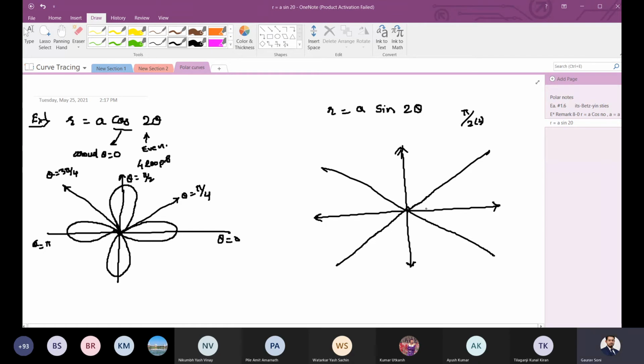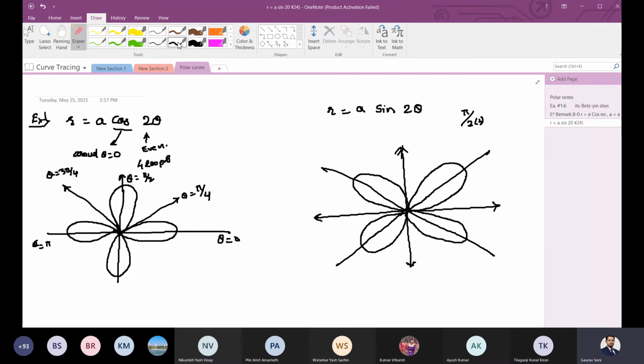So it will start from 0, at theta equal to pi by 4 it will become a, at pi by 2 it will become 0. Similar will go on repeating itself. Okay, so you can check those symmetry and all of those things. If there is a theory question like this, or else you can simply draw the curve.